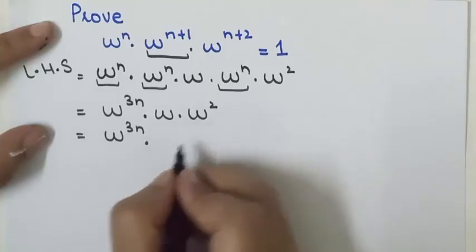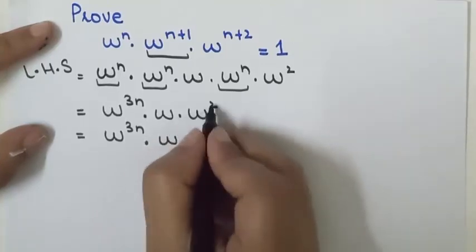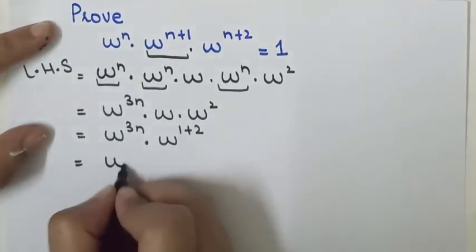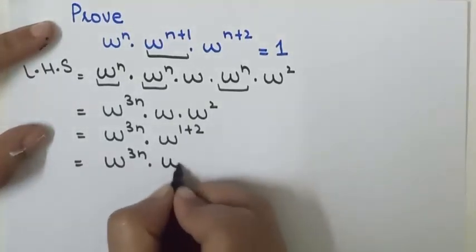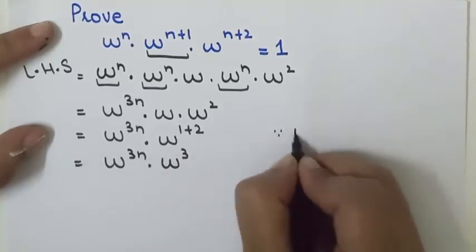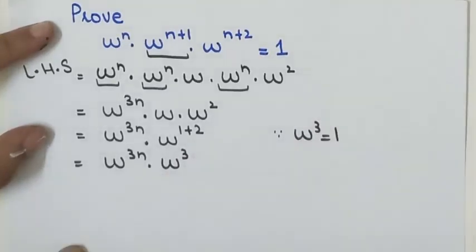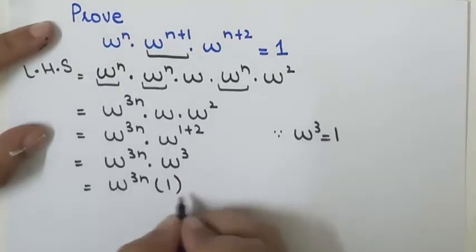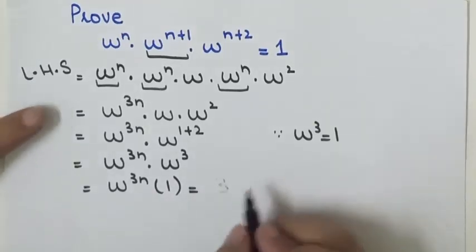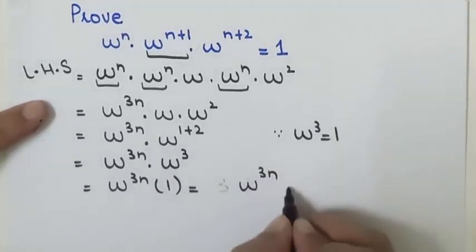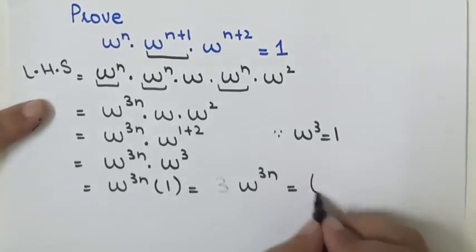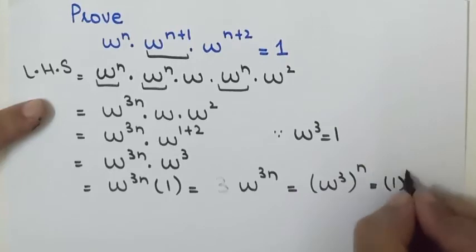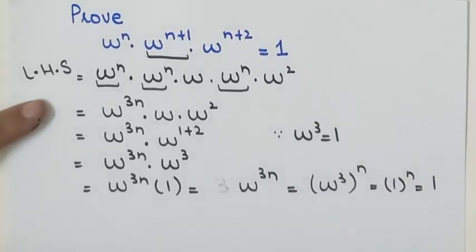Again, when bases are same, their powers can be added, so this is 1 + 2. ω^(3n) into ω³. ω³ is equal to 1. So ω^(3n) into 1. This is ω^(3n). Now we can write (ω³)^n. ω³ is 1, so 1 raised to power n, and this is equal to 1.